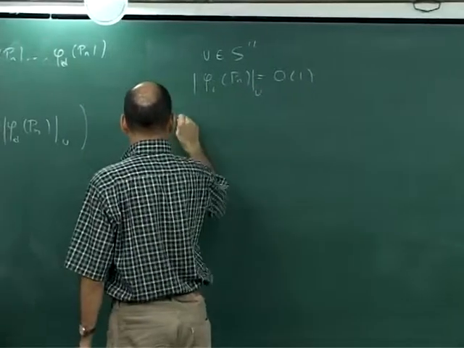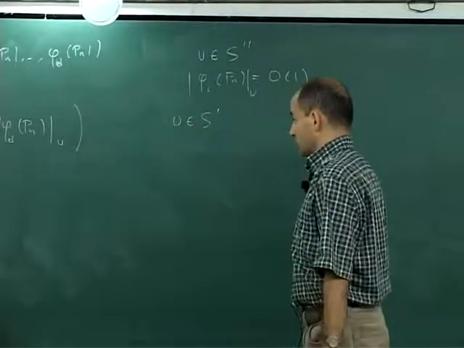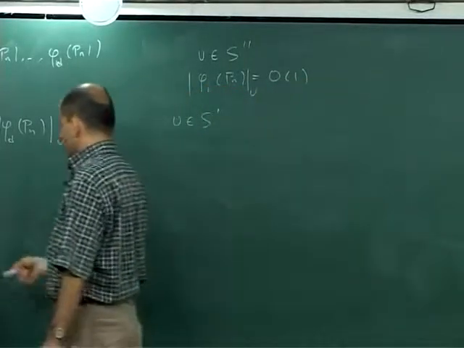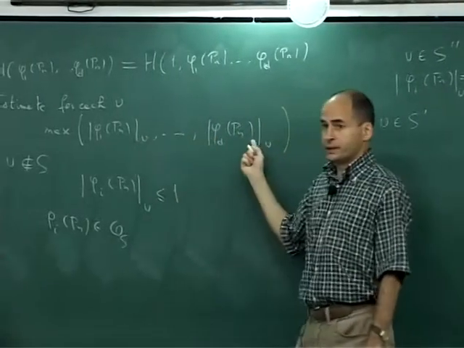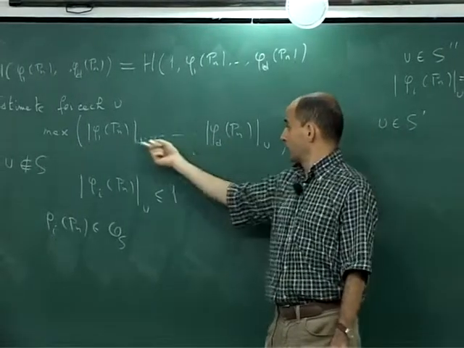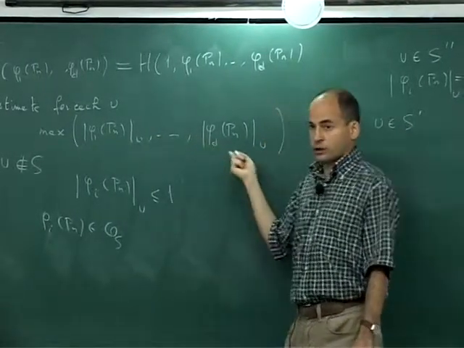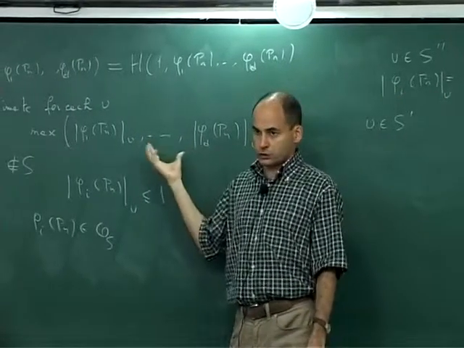And the only problem is for nu in S prime. So some of these functions will be big because of the pole, and each one has a pole of order at most n, and at least one will have a pole of order n.